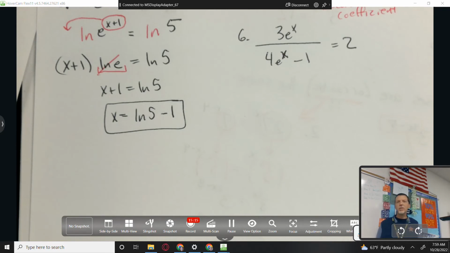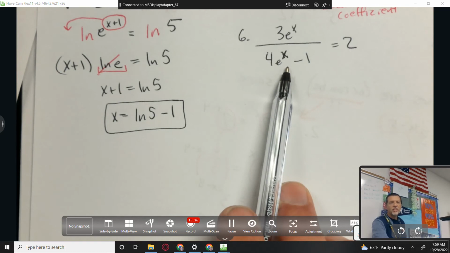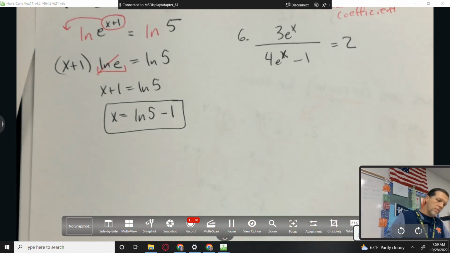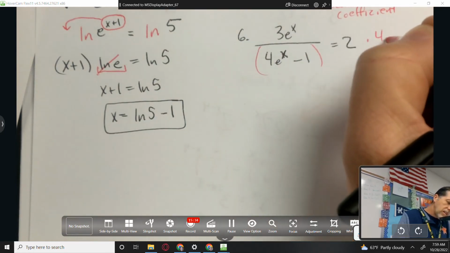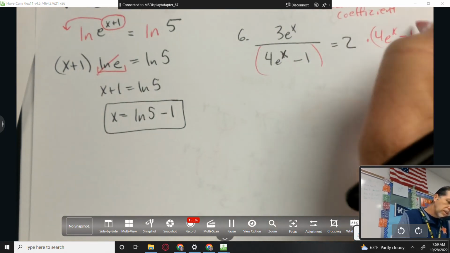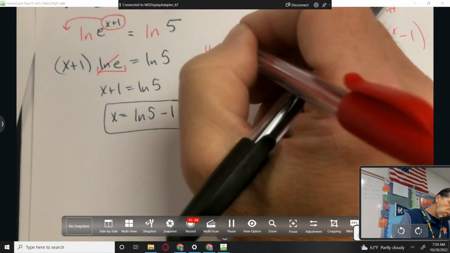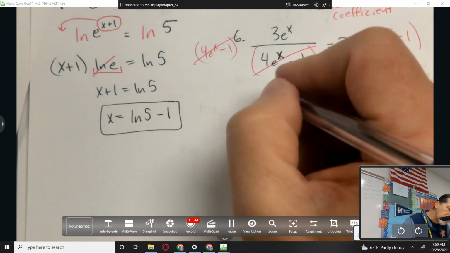It's not natural log both sides, because that would make a mess on the left. We need to do some cleanup work first. If you don't like a fraction, what can you do to get rid of it? Multiply both sides by 4e to the x minus 1, so that it cancels it, and now we don't have a denominator anymore.